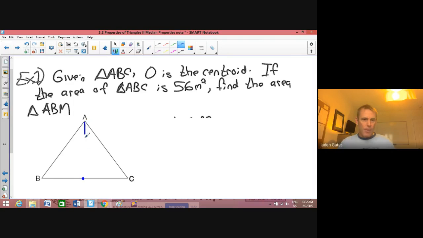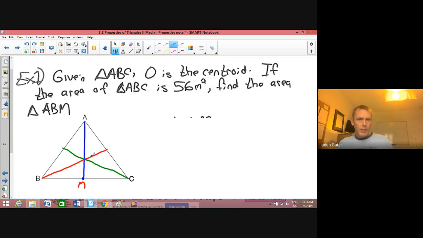So let's see here. I'm going to draw in my medians, sketch. So there's one median. Again, over to, that's a terrible line. I'm going to redraw that. All right, and again, I'm going to call this M. That's our midpoint right there. And we got another line for our other median.